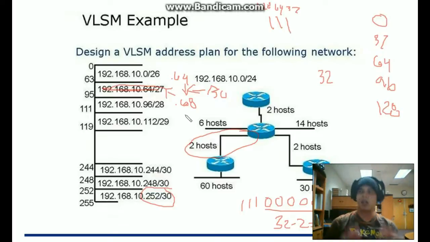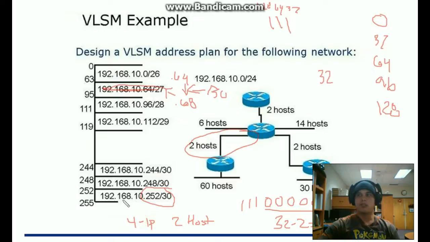So you have to carefully design your network, make sure it falls into this scheme of smaller subnet masks starting at the bottom of your network. And then your /30s, which only have 2 host IP addresses but take up 4 IPs, you start at the very bottom because nothing gets smaller than a /30.